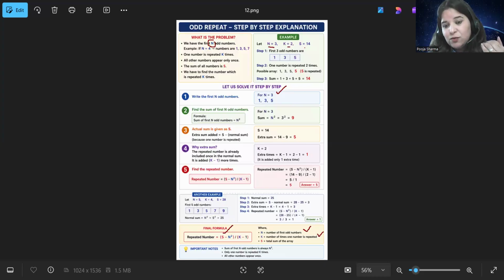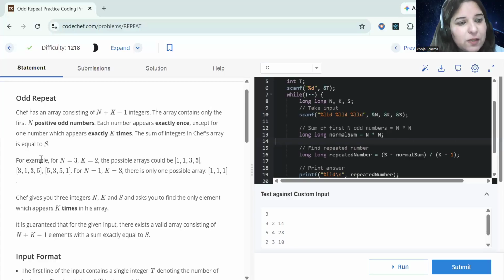So let's go back to the question and read it again, so we will understand what exactly the question is. Here, n equals 3, right? What does it mean? There are 3 odd numbers that should be in the array list. Let's see: 1, 1, 3, 5. The list is 1, 1, 3, 5.